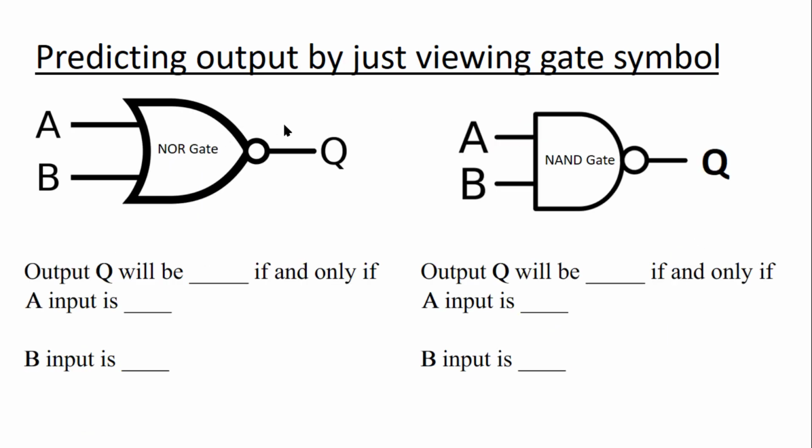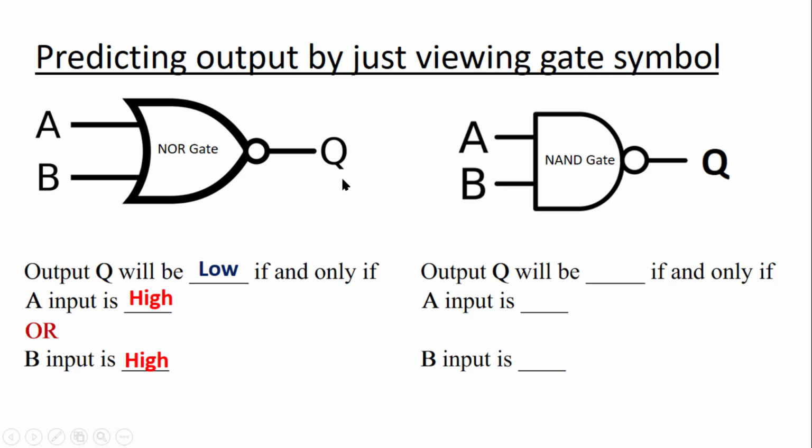Now these bubbles over here basically make these gates inverted. So over here, this may seem like an OR gate, but because of this bubble, this OR gate has become a NOR gate. So this is basically going to be inverted. So output Q will be low if and only if A is high or B is high.